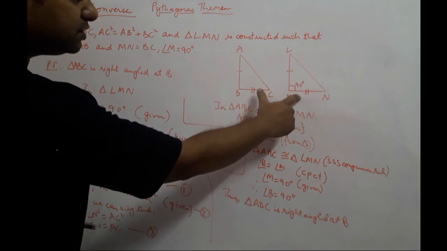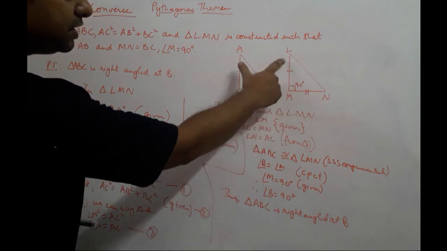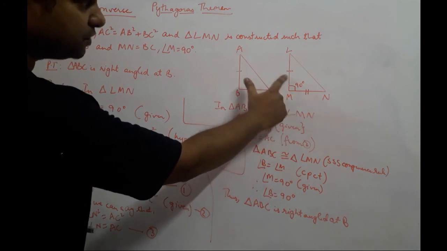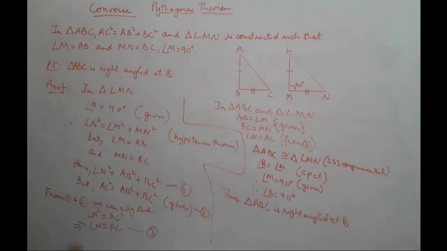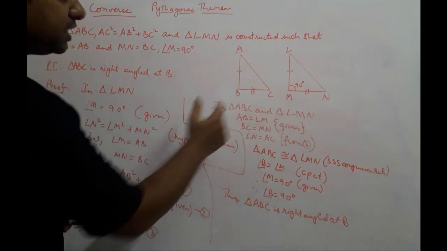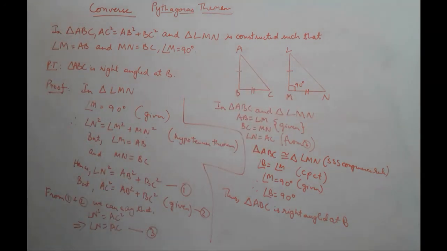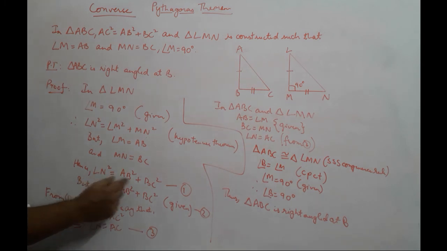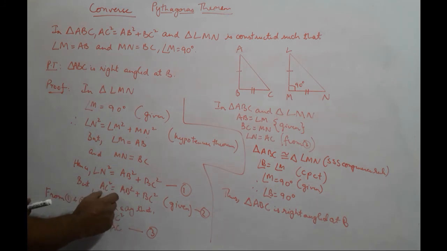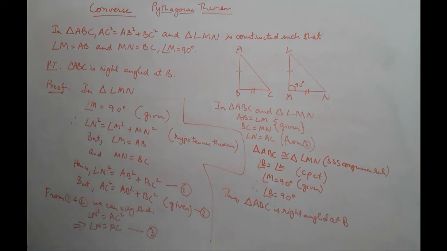By using Pythagoras theorem, we got that LN square was equal to the sum of the squares of these two sides. But we knew that the corresponding sides were equal to each other. Hence we got that LN square is equal to AB square plus BC square. But we were also given that AC square is equal to AB square plus BC square. That's how we ended up getting LN is equal to AC.